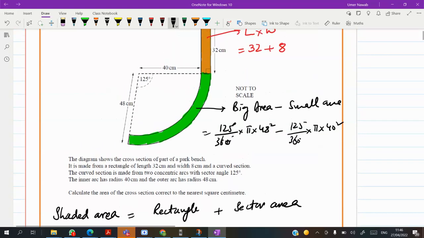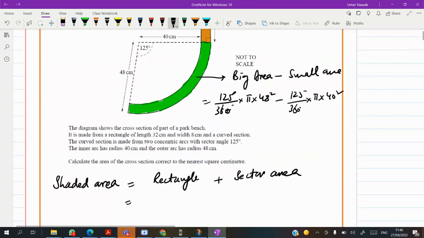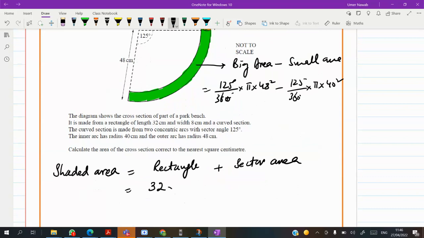The rectangle is basically length into width. We saw that 32 times 8. Next, the sector area was 125 over 360 times pi times 48 squared minus 125 over 360 times pi times 40 squared.